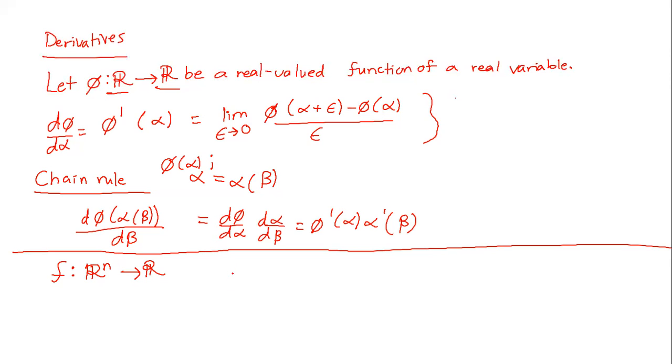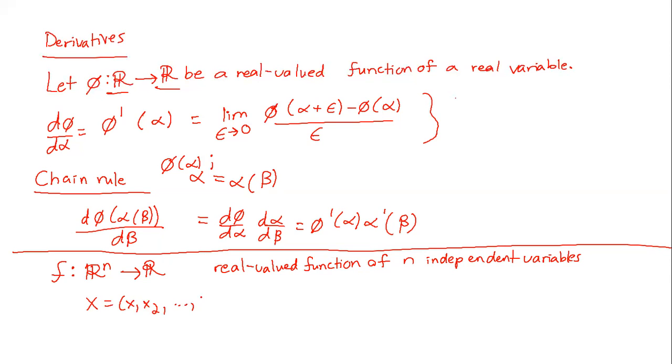The book calls this a real valued function of n independent variables. So now we've got x equals x1, x2, dot dot dot, xn transpose.